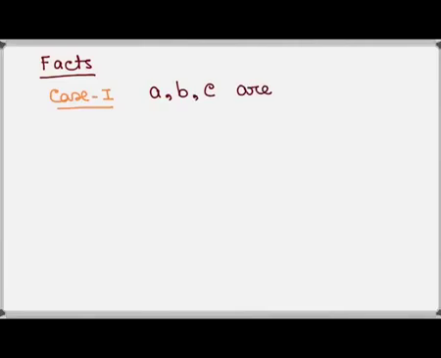If three numbers A, B and C are in more than one type of progressions, then we can derive the following about A, B and C. So our first case is three numbers A, B, C are in AP and as well as in GP.